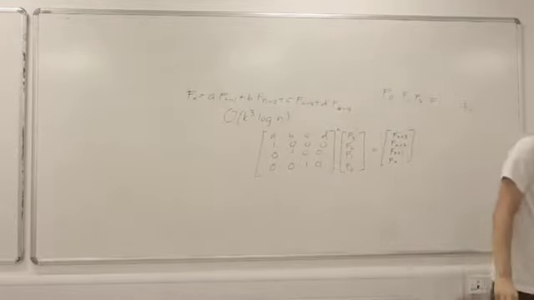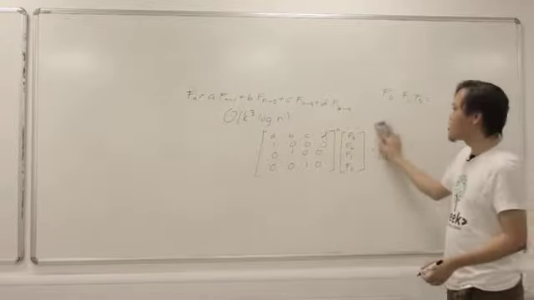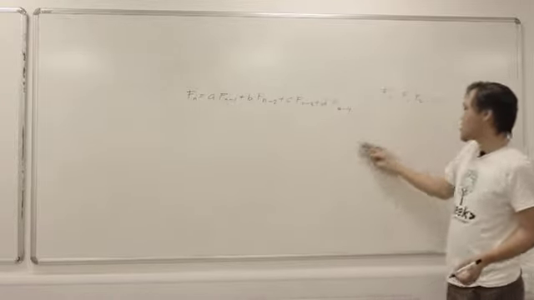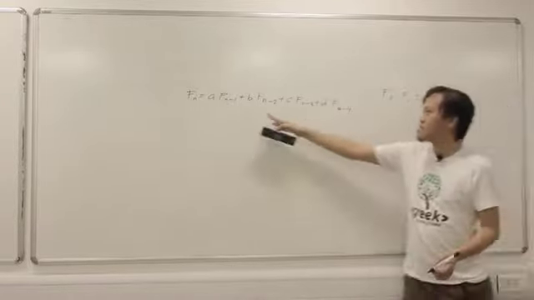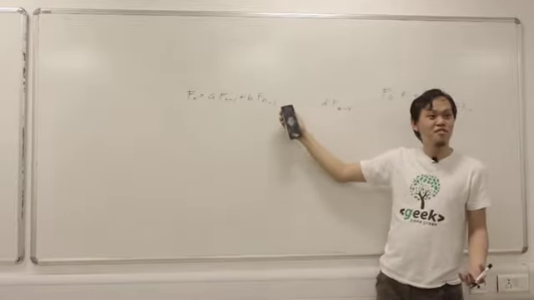So if there are 4 terms but the last term is f of n minus 10, you would have to create a 10 cross 10 matrix. Yes, so that's another trick with this. Don't be fooled by this regular form. Sometimes some terms disappear, but if that happens, you can just assume that the coefficient is 0.